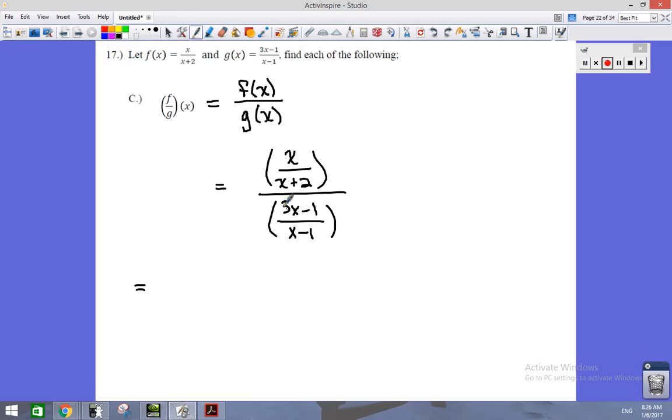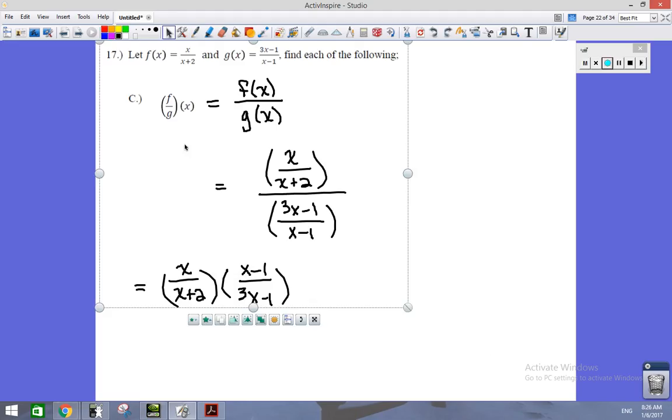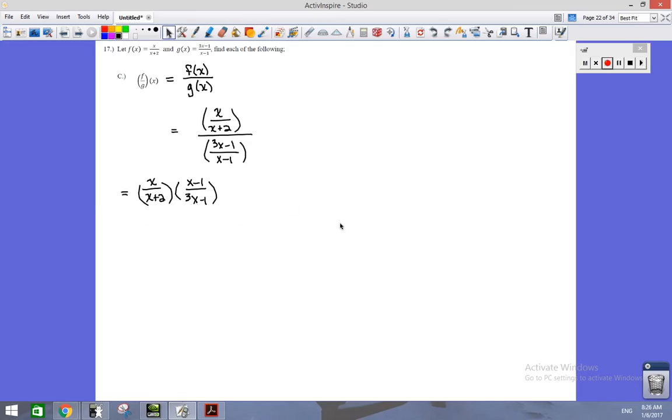So if this fraction bar represents division, I'm going to take this x over x plus 2, and change this division to multiplication. If I take the reciprocal of this divisor, if I flip it, this x minus 1 now becomes the numerator, and this is 3x minus 1. So it looks intimidating, but honestly, to just flip a fraction like that is a lot easier than addition or subtraction, than going in and finding common denominators.